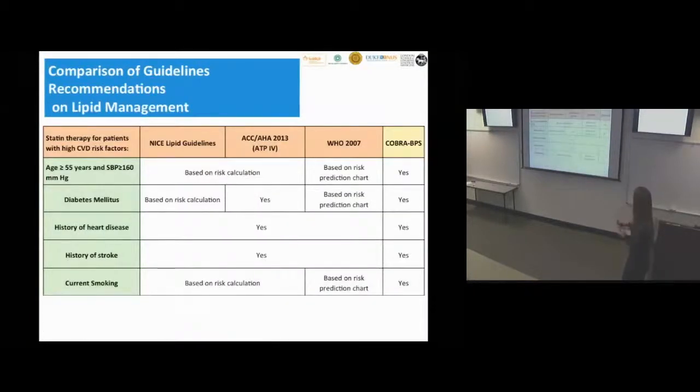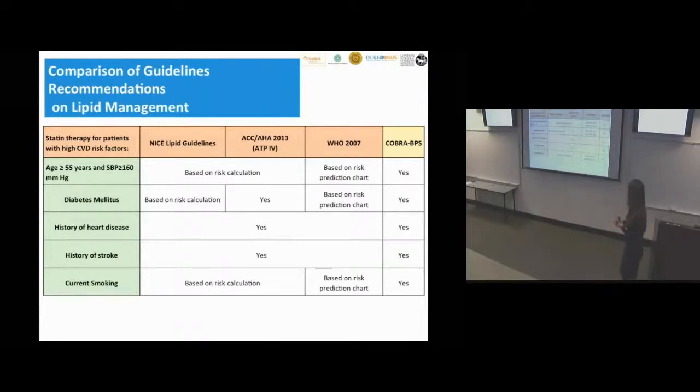And this also is the recommendation for statin use. Most people are recommending a computerized risk scoring. We couldn't do that. That's not possible in the rural areas where sometimes there's a power outage, and there are no computers in many of these clinics. So those kinds of high-tech things will not be possible.